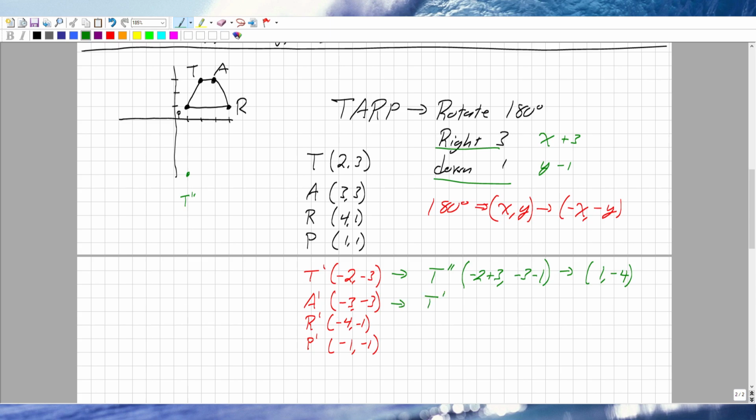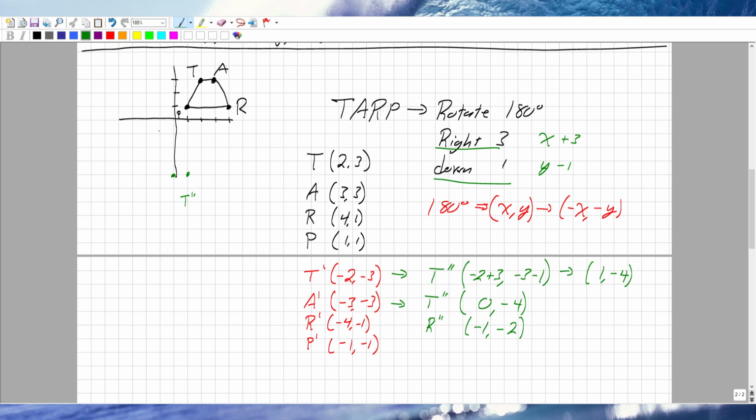Now for the A, we do the same thing. I'm just going to do it in my head here. Negative 3 plus 3 is 0, and then negative 3 minus 1 is negative 4. So I'm at 0, comma, negative 4. And then the R double prime is going to be at negative 1, comma, negative 1 minus 1, that would be negative 2.